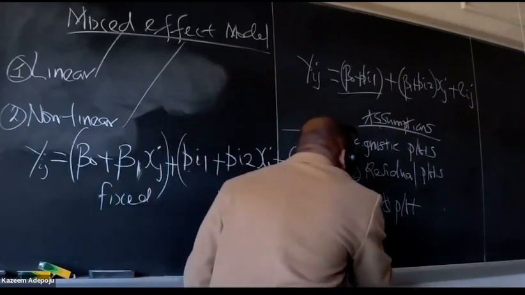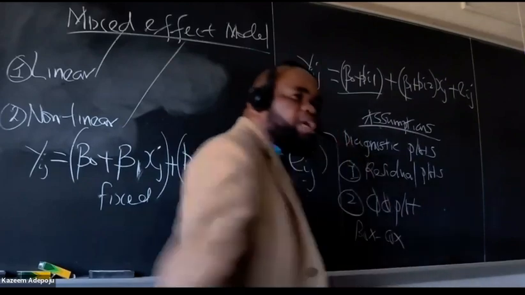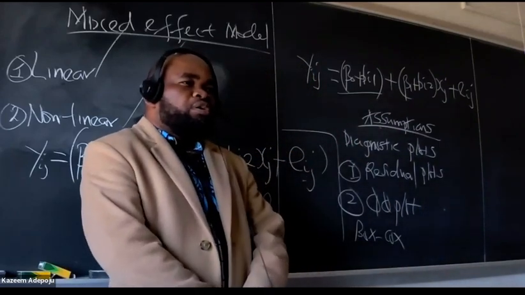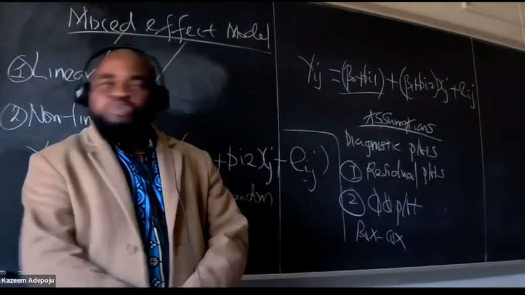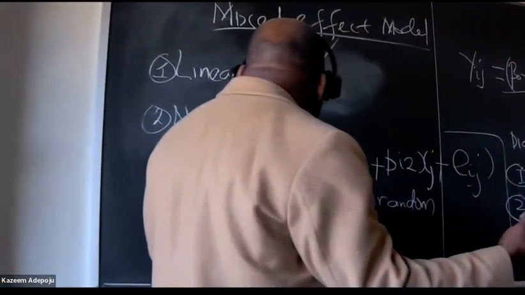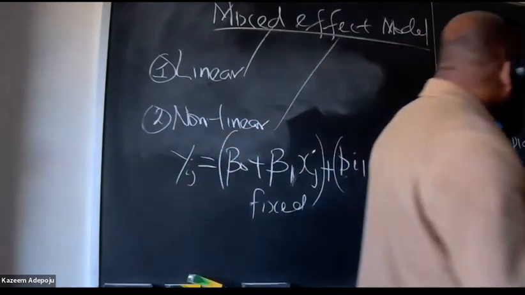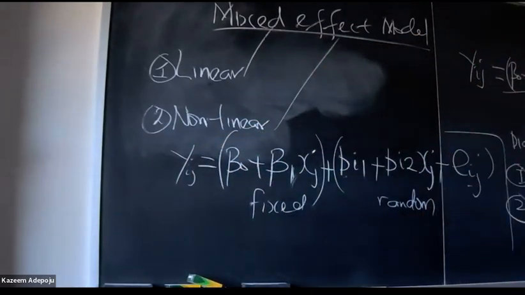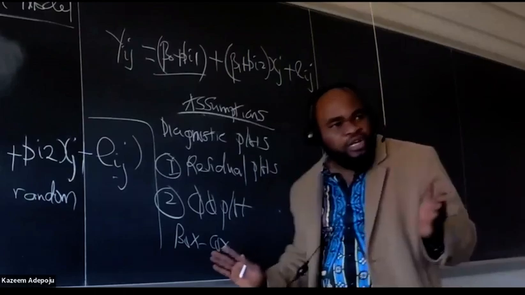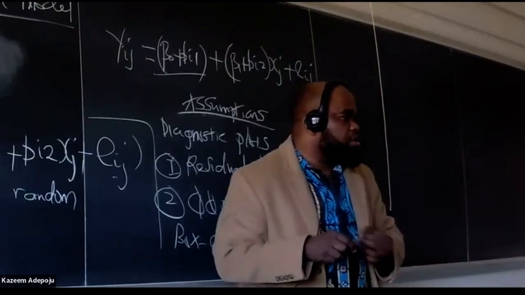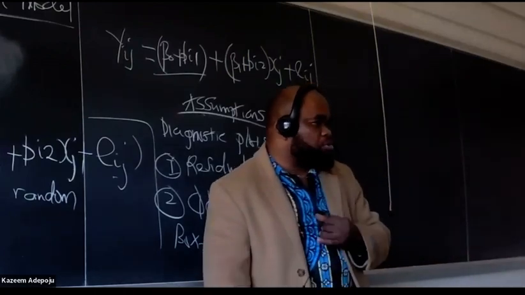Has anybody heard about the Box-Cox transformation? Whatever model we want to use in statistics has assumptions, and if the assumptions are violated, we can never trust whatever comes out of such a model.